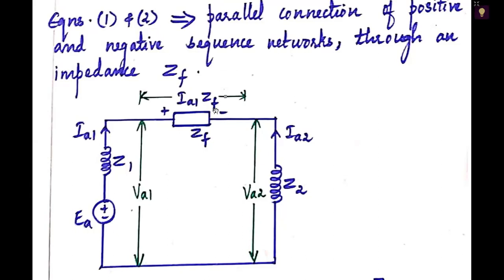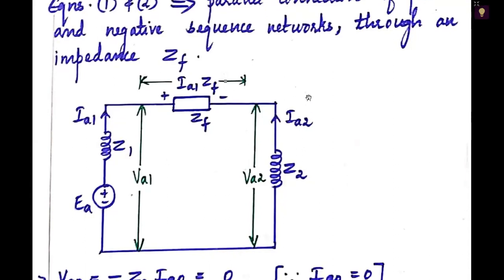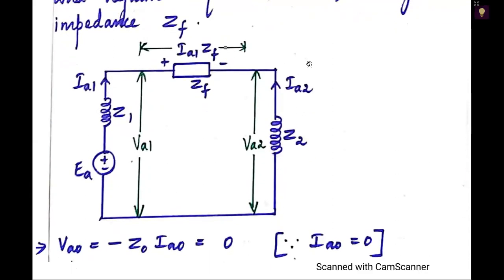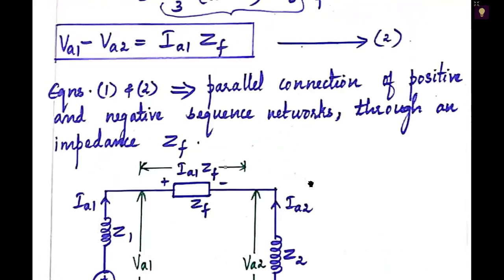The second equation says that VA1 minus VA2 is equal to IA1 into ZF, or VA1 is equal to IA1 ZF plus VA2. That means VA1 is not equal to VA2. VA1 is equal to VA2 plus some drop across the impedance ZF.